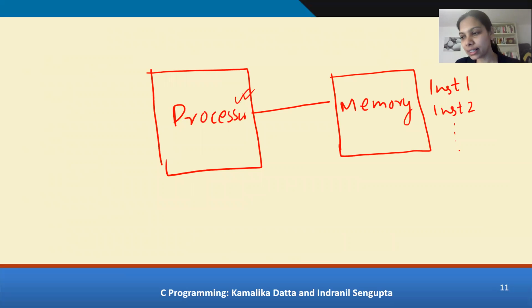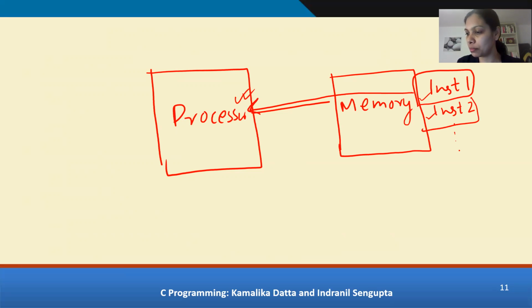What are these instructions? These instructions are part of your bigger program. Suppose you want to execute a program; that program will have some instructions, and these instructions are loaded in memory. Each time you want to execute one, you bring the instruction from memory to the processor and execute it.